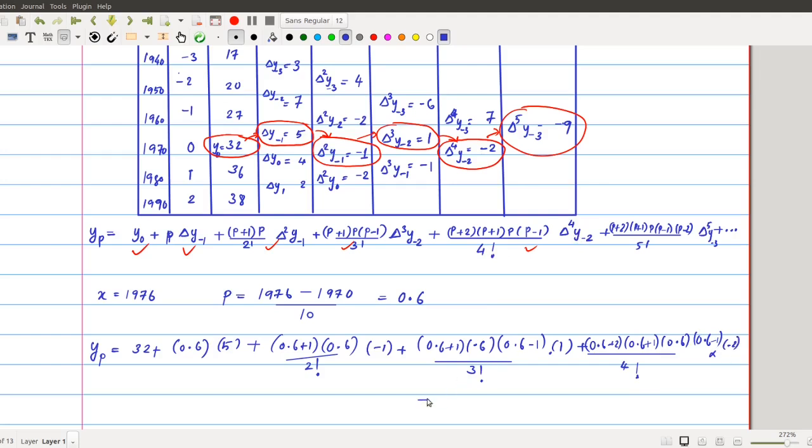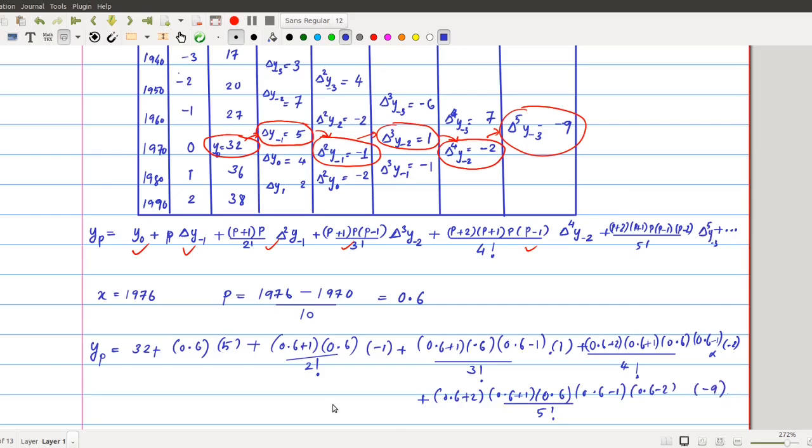Okay, plus the last term, that is (0.6 + 2)(0.6 + 1)(0.6)(0.6 - 1)(0.6 - 2) divided by 5 factorial times delta raised to 5 y minus 3, so that is this number, that is minus 9.